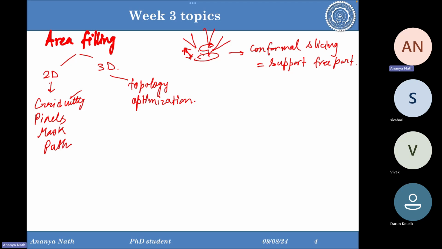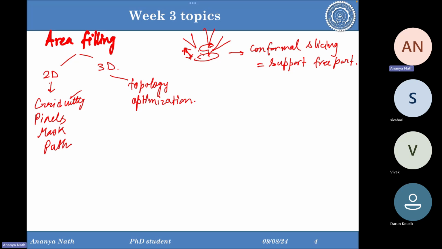So in conformal slicing, obviously, if the build plate is rotating and you're depositing the material, the material deposition will be in a 3D manner. For example, in some portion the material is getting deposited, but in some portion the material is not getting deposited for a single layer.